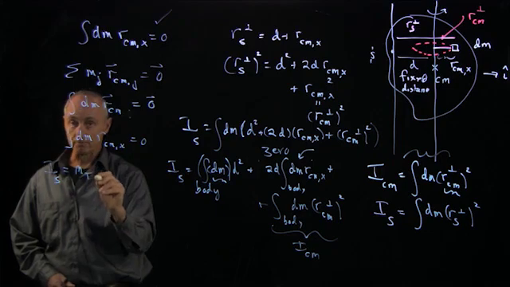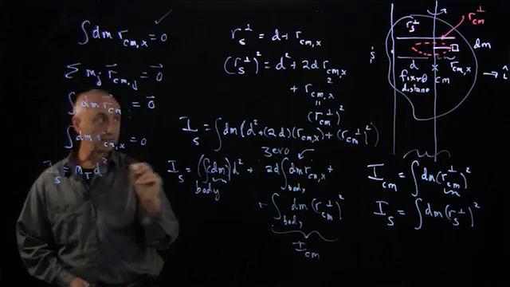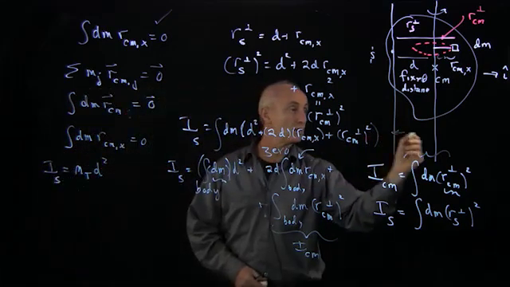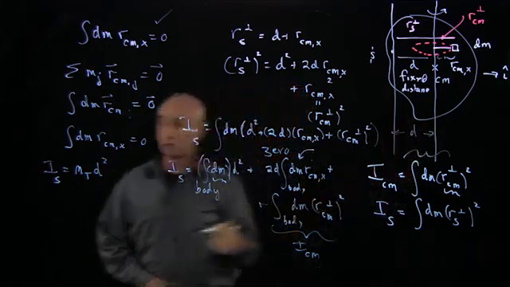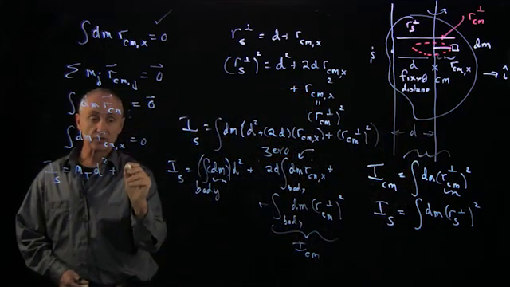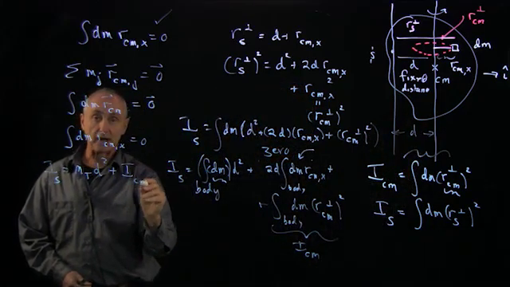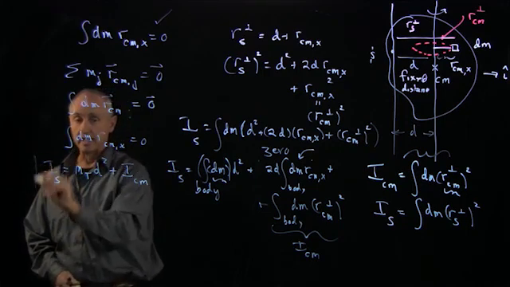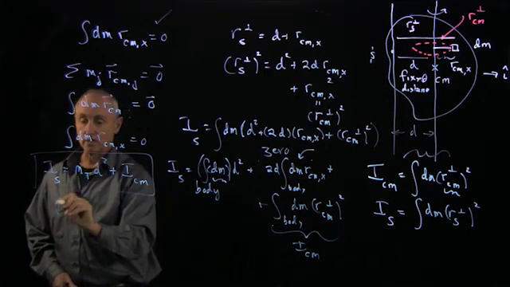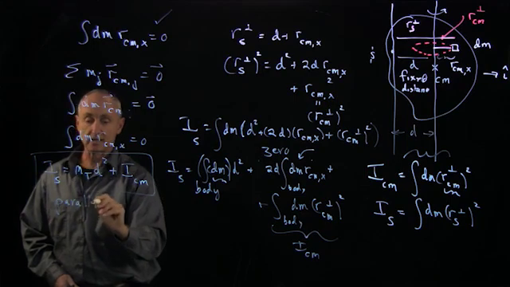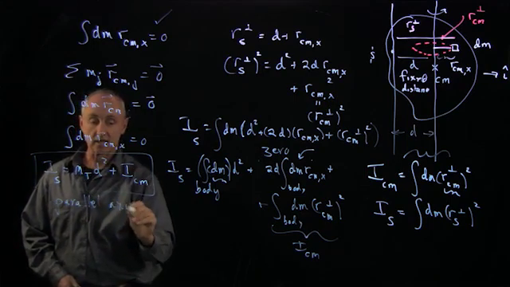So it's m total, d squared, and let's remind ourselves that d is the distance between the two parallel axes, plus the moment of inertia about the center of mass. And this result is called the parallel axis theorem.